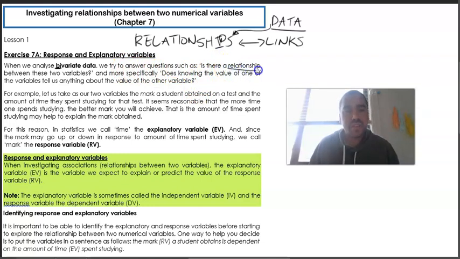Here's that word relationship popping up. Is there a relationship between these two variables? So the two things that vary. And more specifically, does knowing the value of one of these variables tell us anything about the value of the other variable? Tell us, and when we say tell us, this is just through prediction.